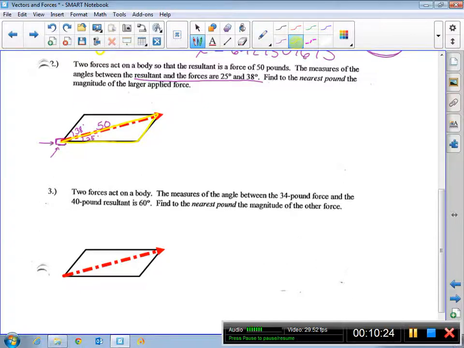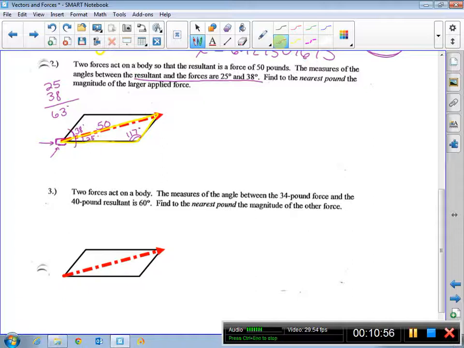And remember, your first job, can we fill in that supplementary angle? Can I fill this in? And the answer is yes. If this whole angle over here is 38 and 25, then I've used up 63 degrees, and the supplement to that is 117. So I can do that supplementary angle.